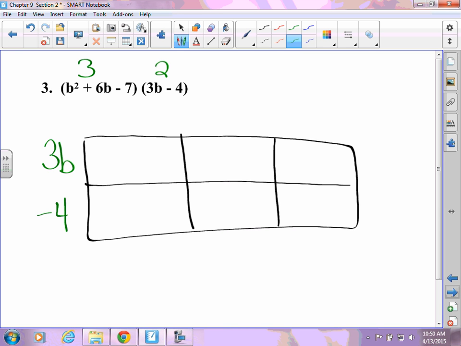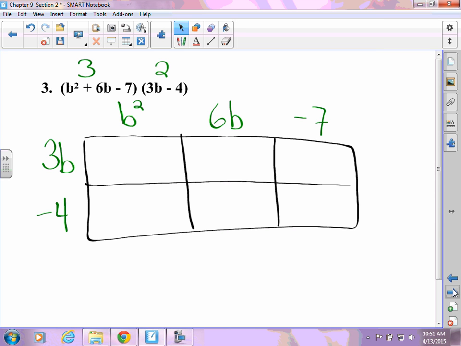Up above, my first block, I'm going to put b squared, and then 6b, and then negative 7. If you want to put the plus in front of the 6b, you may. It doesn't do anything. The negatives do. All right, then let's take a look at this, right? 3 times 1 gives me 3, and it's going to be b to the third, because remember there's a little 1 there.